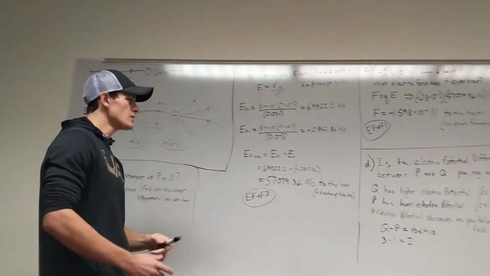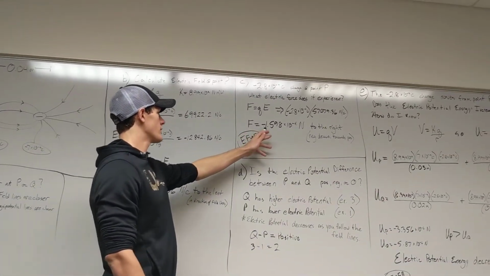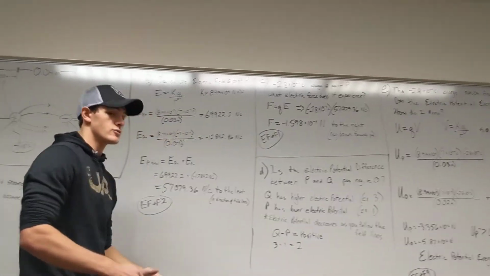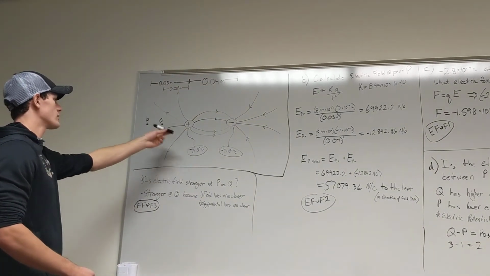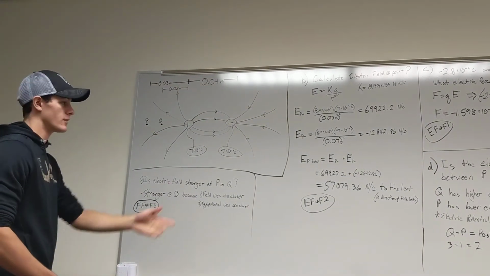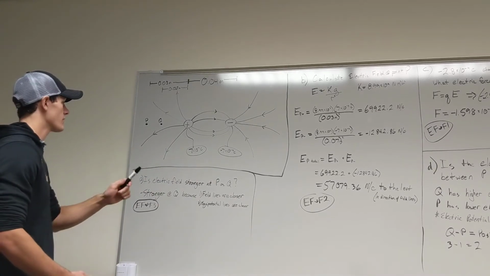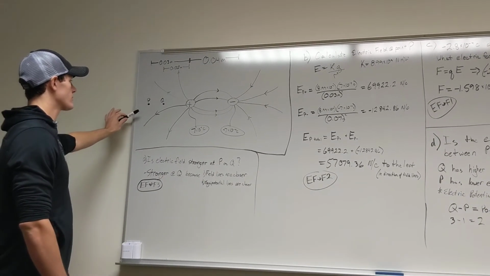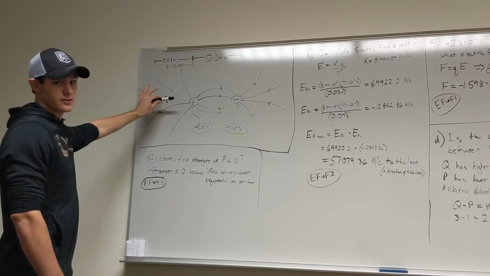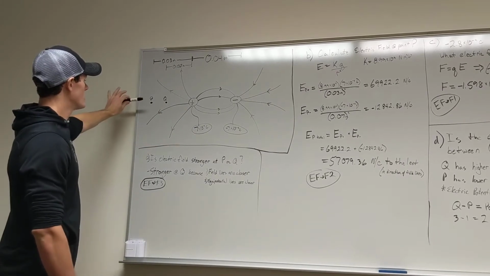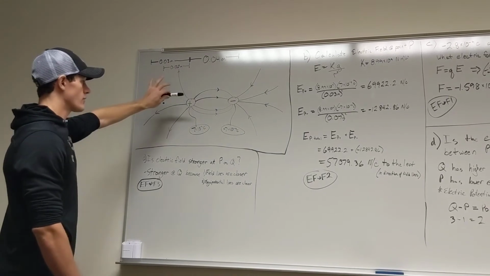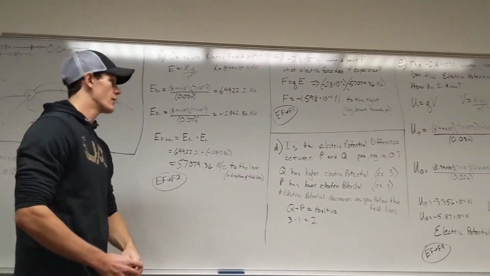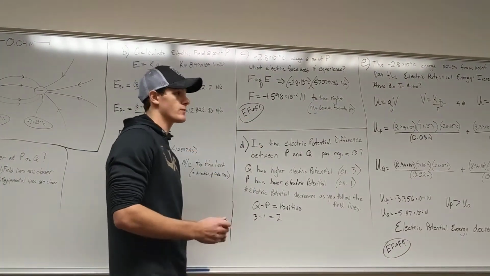Also, we see that in our value here, we have a negative. Generally, say this was a positive charge, it would go in the direction of the field lines, and then we wouldn't have gotten the negative, but since we got the negative, we know that it is going opposite the direction of the field lines, so it's going to be going 1.598 newtons to the right. Alright, and that covers EF and F1.